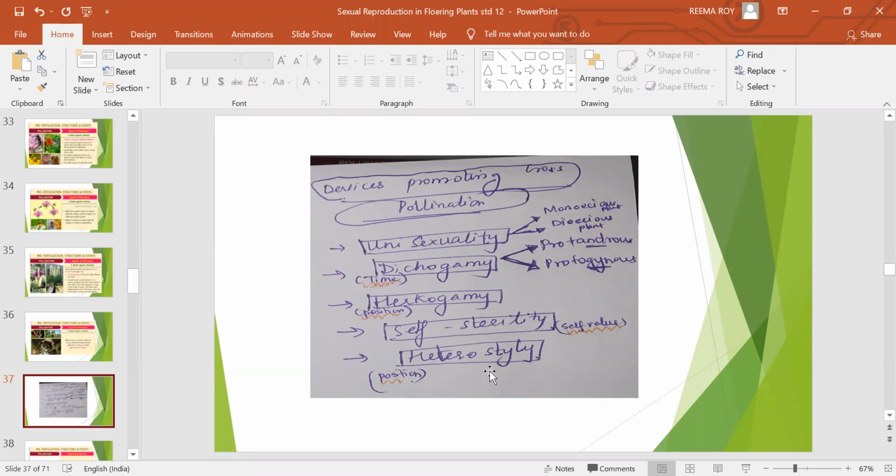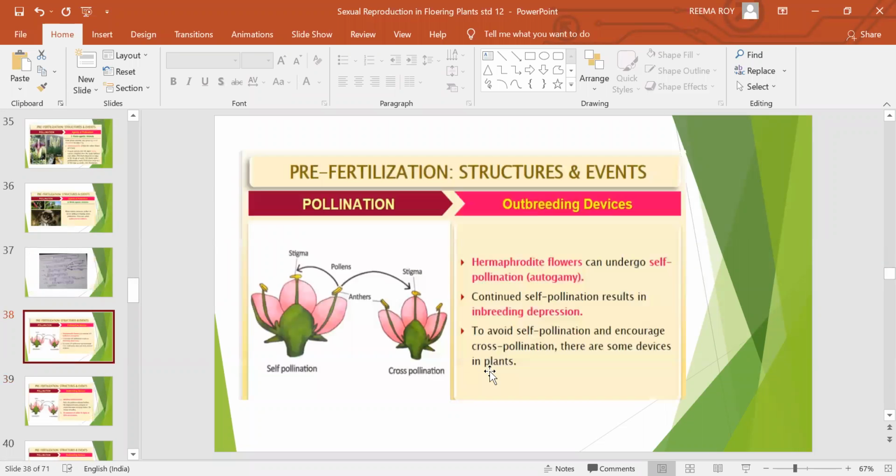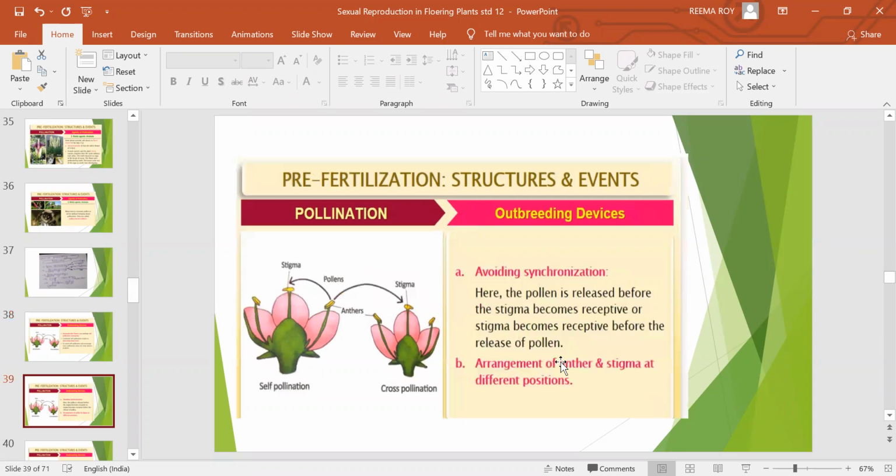Why are we going for cross-pollination? Because self-pollination results in inbreeding depression. To avoid self-pollination and encourage cross-pollination, there are some devices in plants.